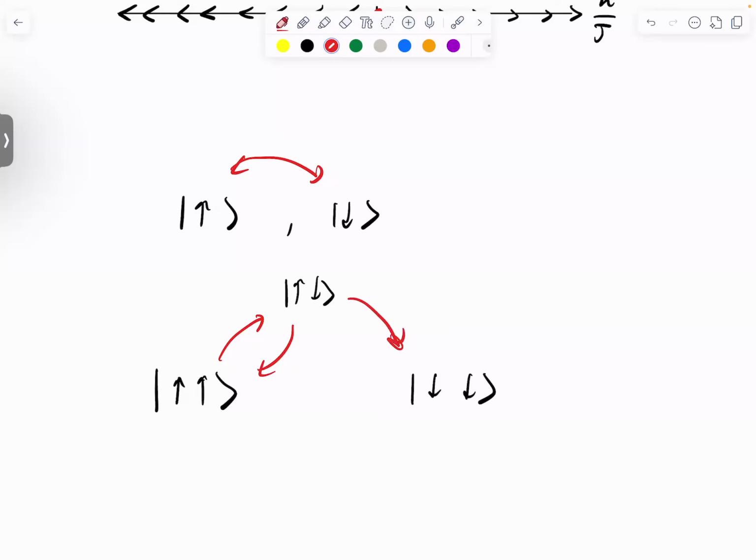But to do that, you need to go through two steps like that. And you can imagine that as the block is becoming larger and larger, these quantum fluctuations are becoming weaker and weaker. And that's really what this RG transformation is telling us.